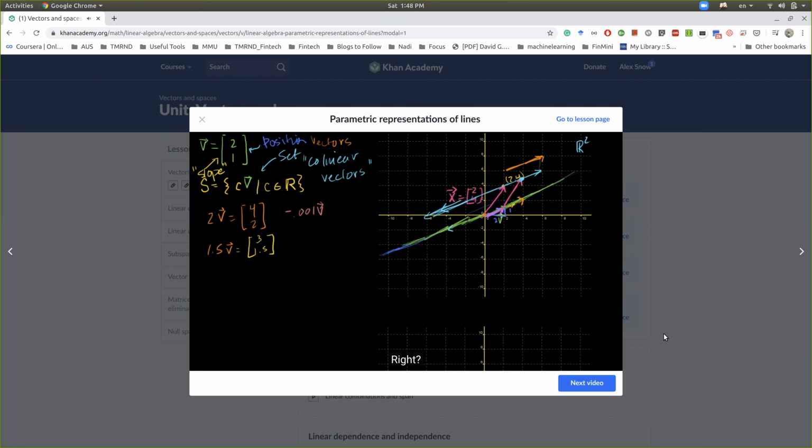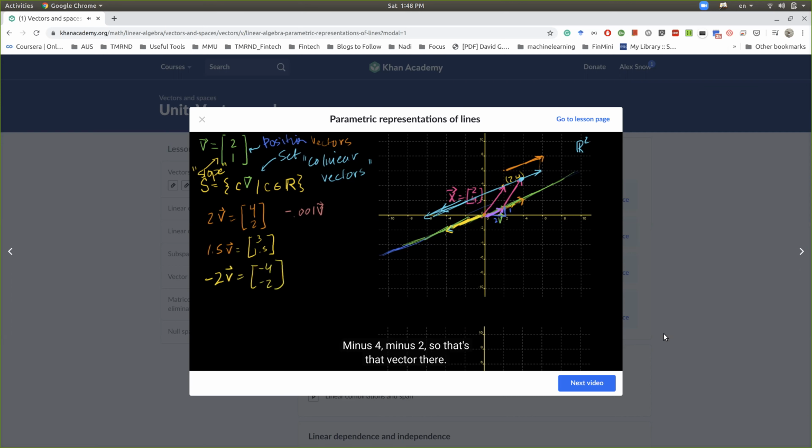Let's say I do -2 times my original, so -2 times my vector v. That equaled what? -2, -4. So that's that vector there.